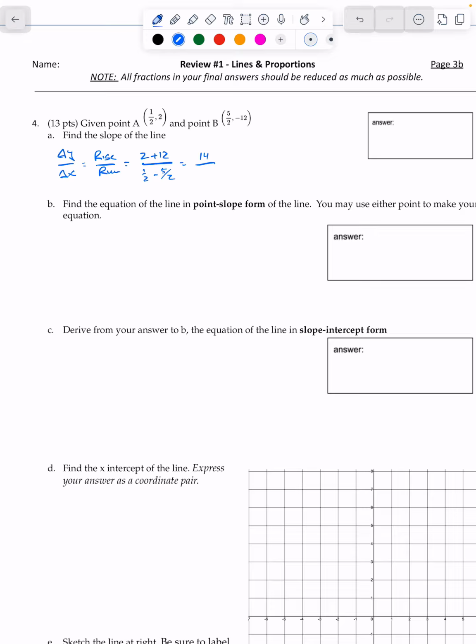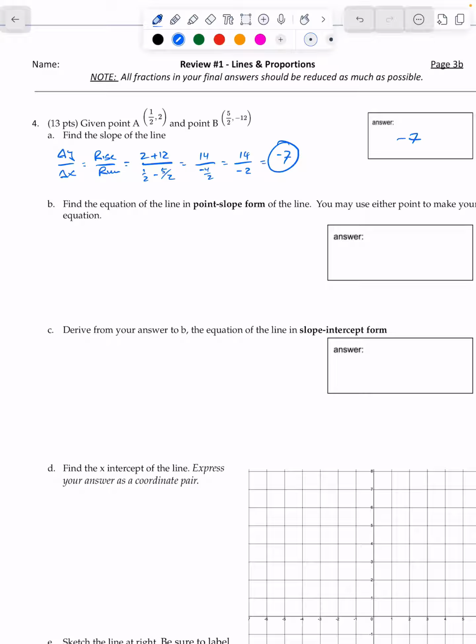Oh, I gotta go to the next page in my answers here. Over negative 4 over 2, which is 14 over negative 2, because negative 4 over 2 becomes negative 2. 14 over negative 2 is negative 7/2. So that's my, no, not 7/2. Negative 7. 14 divided by 2 is negative 7. So that's my slope.